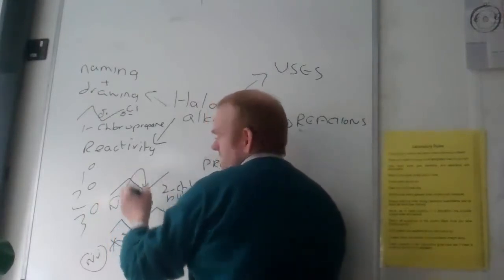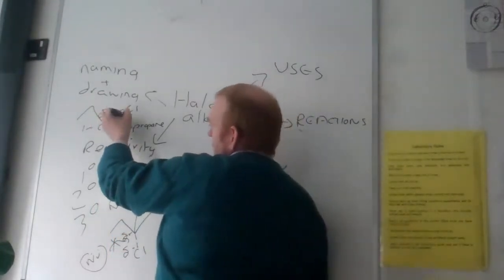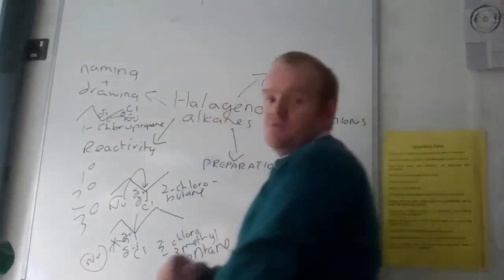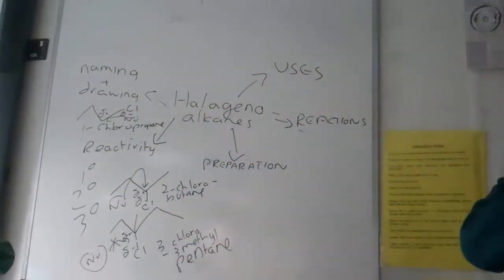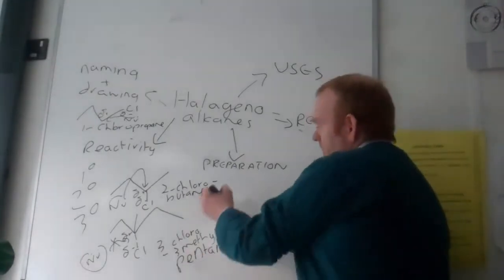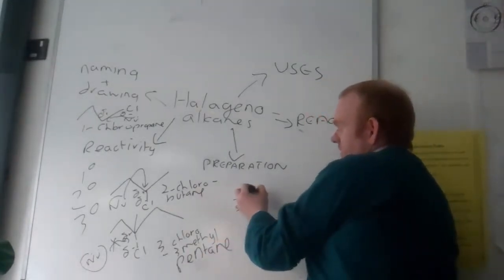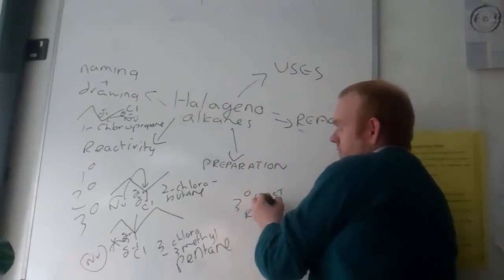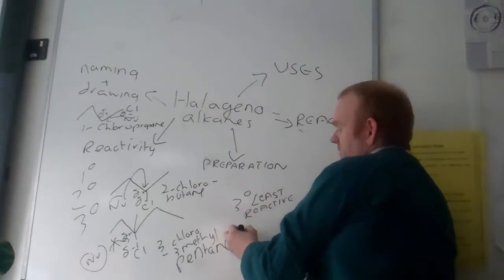It can come in from the backside. On this side there is no steric hindrance, so the attack is going to be much easier. So the reactivity of primary halogenoalkanes is going to be much greater than the reactivity of secondary, which is going to be greater than the reactivity of tertiary. Okay, so tertiary is going to be the least reactive, and primary is going to be the most.